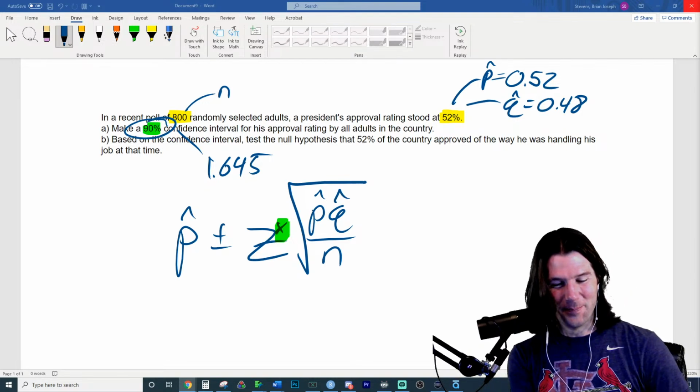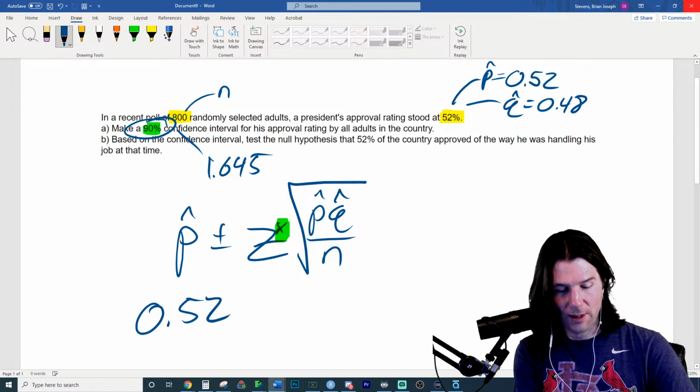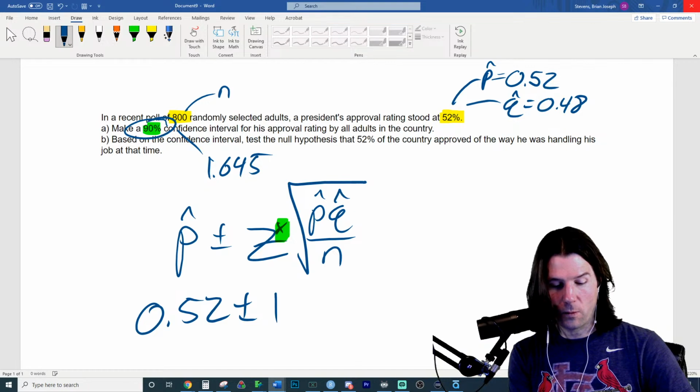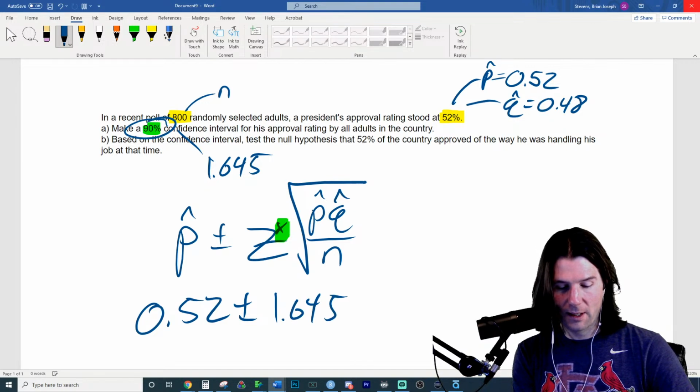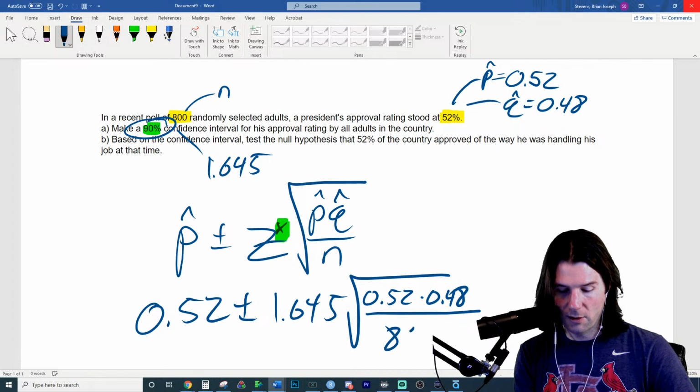So we got p hat is 0.52 plus or minus 1.645 times the square root of 0.52 times 0.48 over 800.